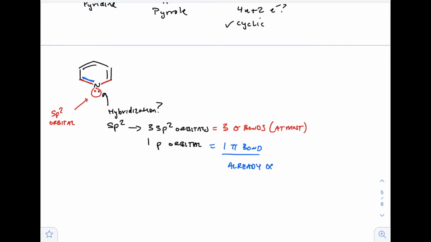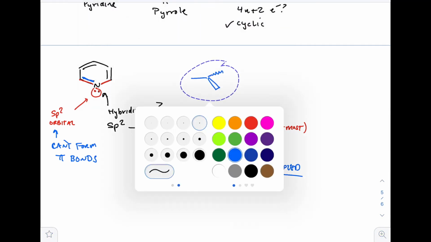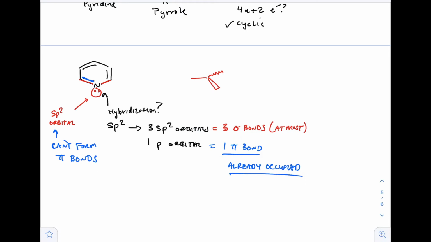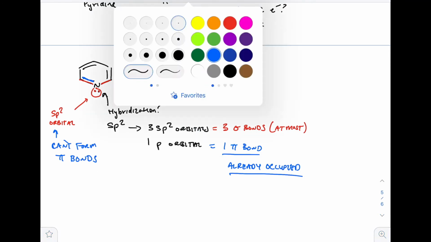Okay, so since that p orbital is already occupied, then the sp2 orbital containing the lone pair cannot participate in forming a pi bond. Okay, so it's essentially going to look more or less like this. Let me draw it red, and then I'll draw my p orbital poking up and down.